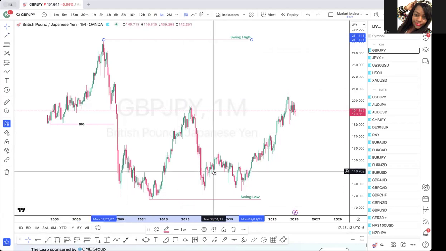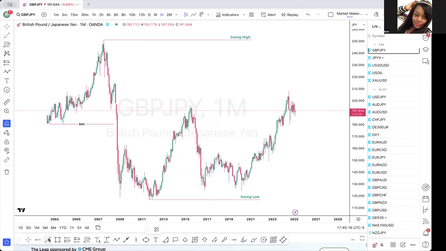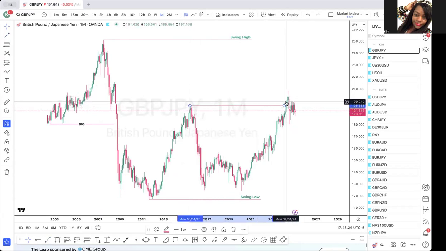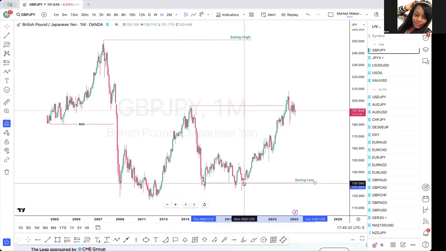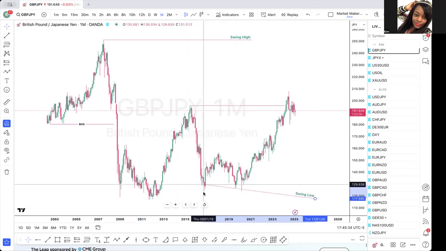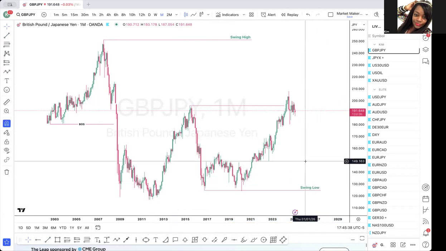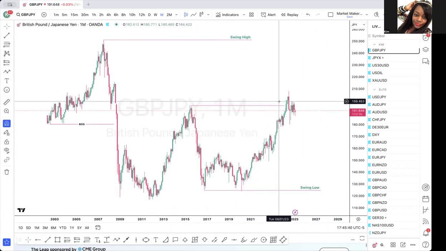All right. So now that you have a break of this internal, this was a high. Now that there is a break above it, it is now a break of structure. And now this is currently the higher time frame swing low. Okay. All right.